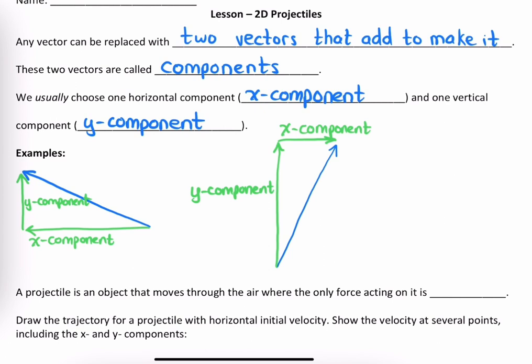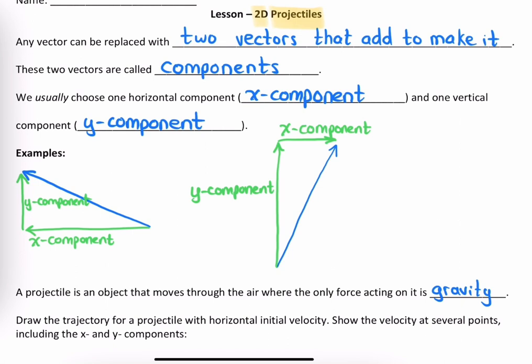Okay, so with that idea of vectors and components in the background, let's talk about the real topic of this lesson, 2D projectiles. So a projectile is an object that moves through the air where the only force acting on it is gravity. And we've actually solved problems with projectiles already.